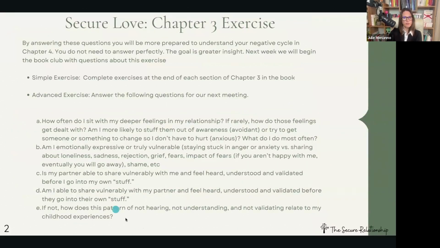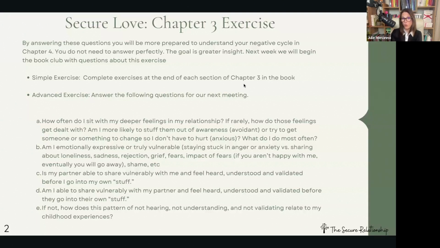All right, so I do have some little exercises for next time. I said earlier, some of you are at different levels. Some of you are kind of new to this. If that's you, at the end of each section in chapter 3 of the book are some questions. That's your work, to make sure you've answered those questions, because you're going to need to know some of that in order to go forward into chapter 4, which is going to be learning about negative cycles and eventually learning how to map out your negative cycle.